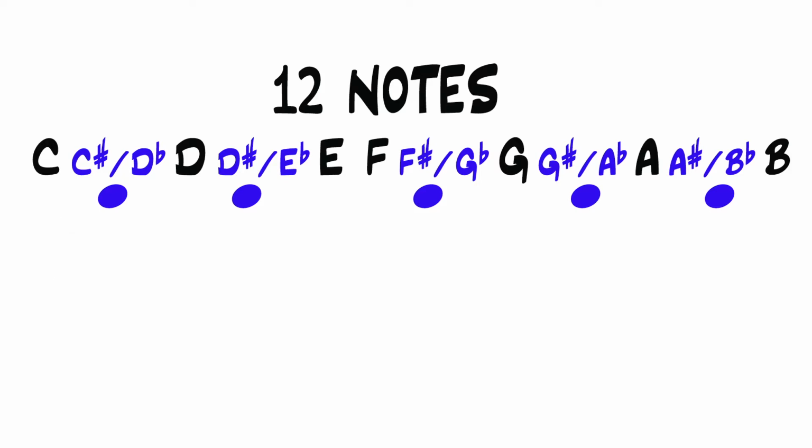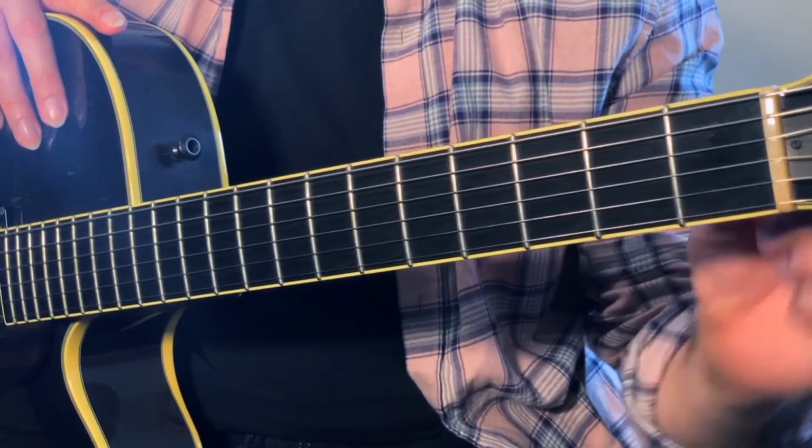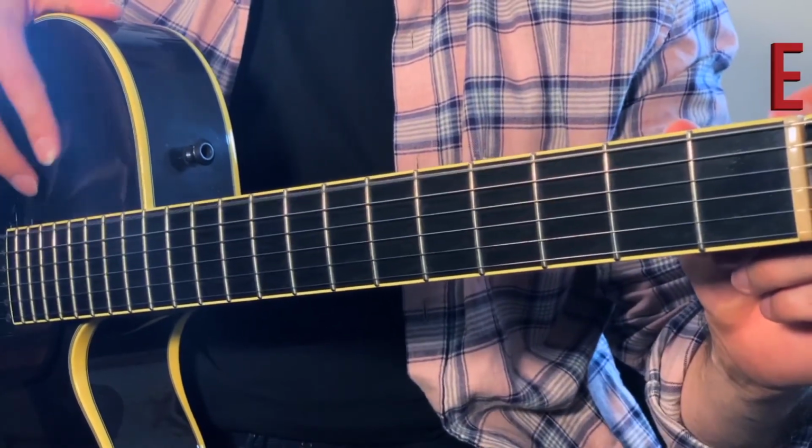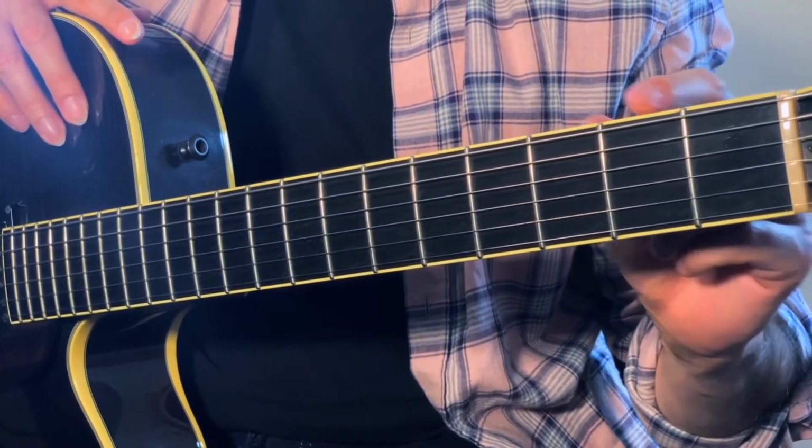Now let's look at the guitar here and see how that works with the guitar. So guys, if you look at the guitar here, the top string is the E. Now, every note is one note that we just learned.